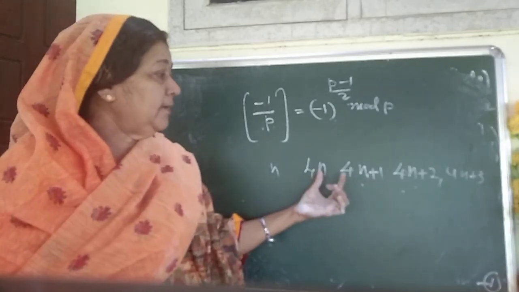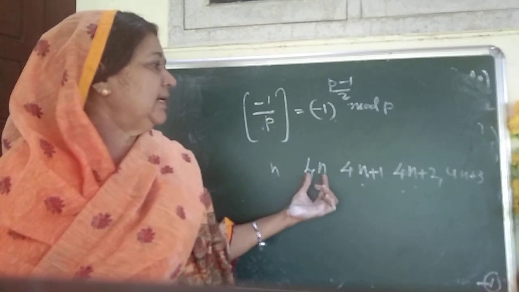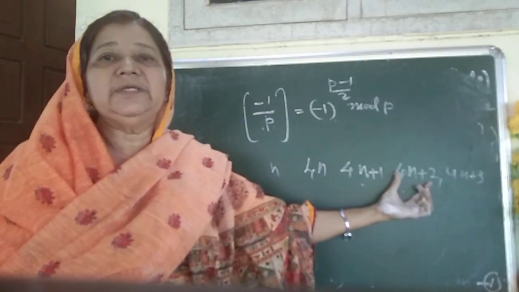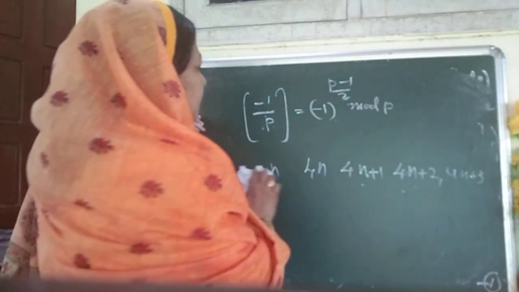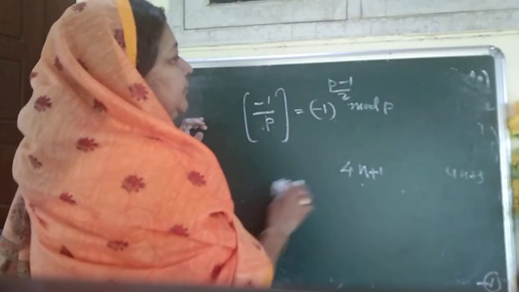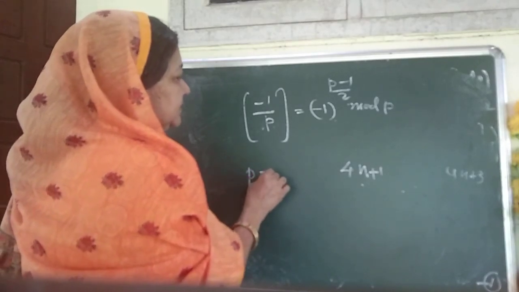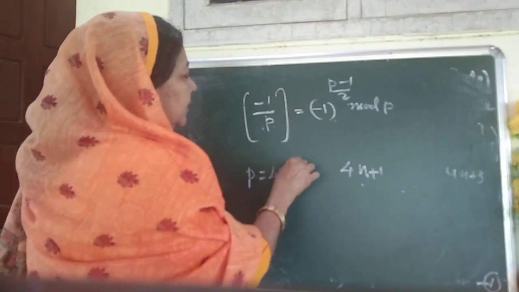But 4n is even, so p cannot be of that form. Similarly, 4n plus 2 is also even, so these two possibilities cannot be. Therefore, we have only two cases. The first case is p equal to 4n plus 1.